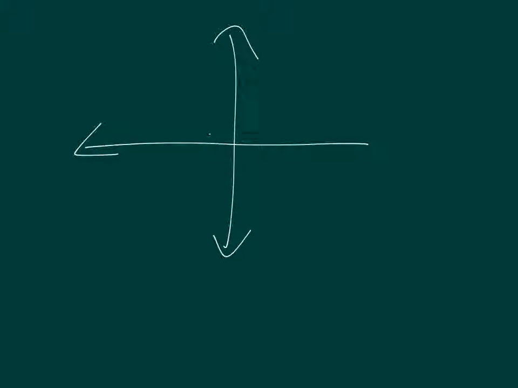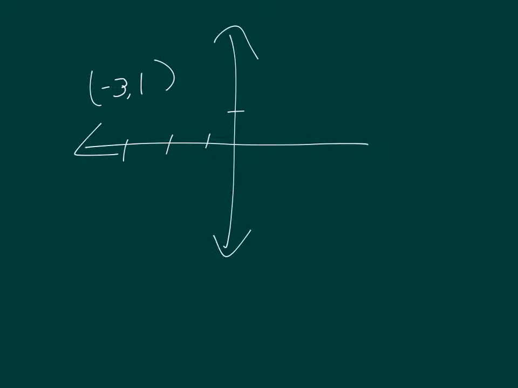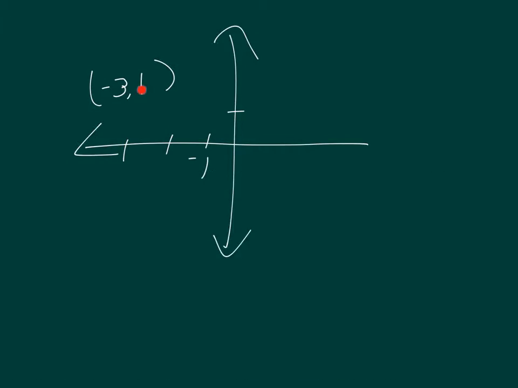But when we're looking at slope, we're really looking at, say for example, a couple of points, like -3, 1. So that's over -3 to the left, -1, -2, -3, and then up 1. Because it's a positive 1, I have a point right there.